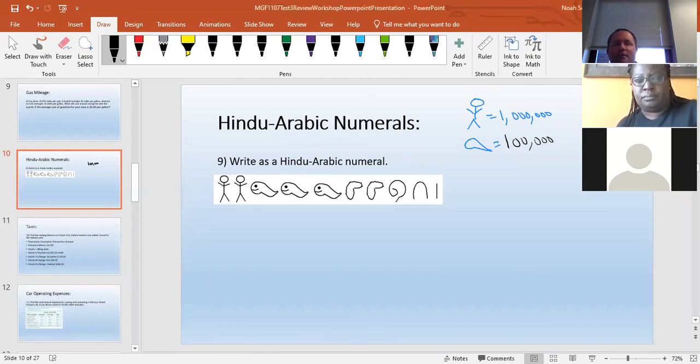So I'm going to try to get this so that I can see it better. Here, let me bring back the PowerPoint. That's basically the pointing fingers, and those are 10,000.